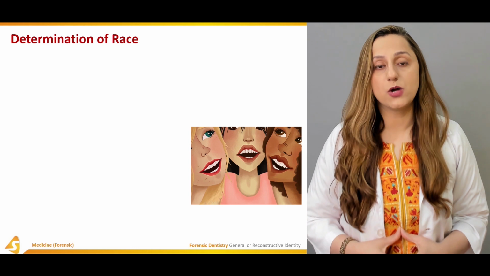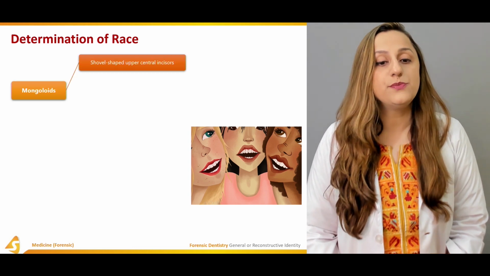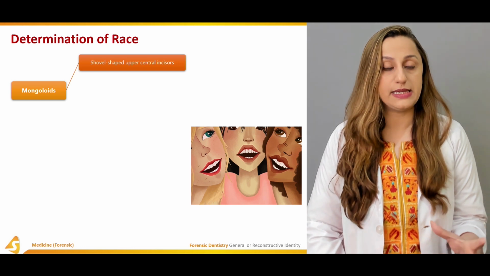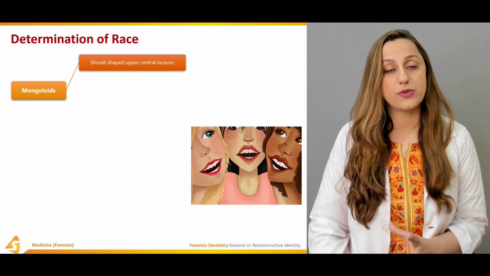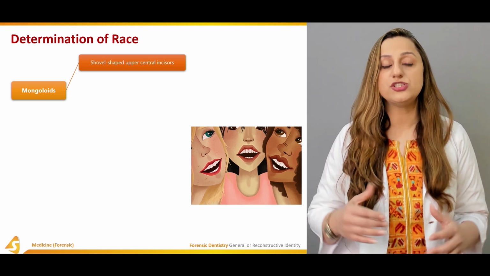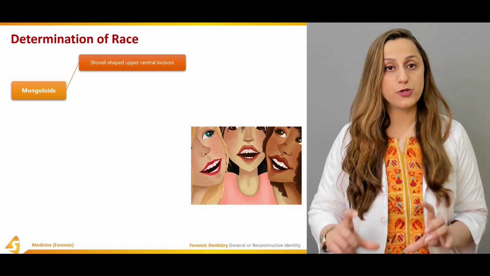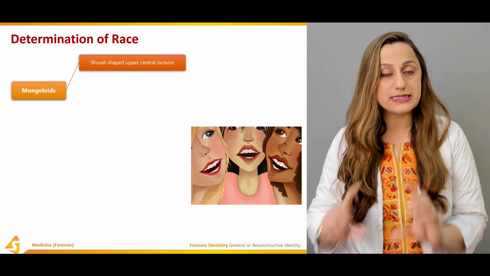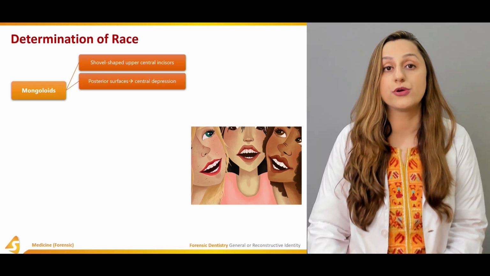While we're talking about the determination of the race and its effects, the Mongoloids basically have shovel-shaped upper central incisors. So whenever we're talking about the Mongoloid race, it's the shovel-shaped incisors that are going to be critical whenever we're going to state that a person was of Mongoloid origin or from the Mongoloid race.